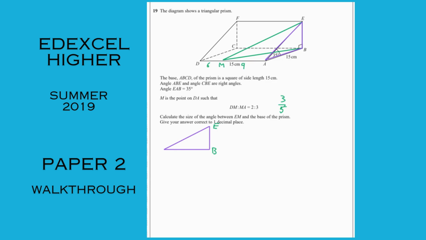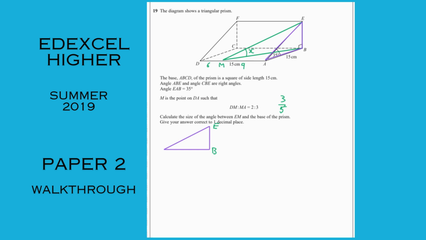So the examiner is wanting you to find that angle there. I'll call it X. The only way you can work out angle X is if you know two of the lines of that triangle. That's M to E, M to B, or E to B. Any two of them and you're cooking.